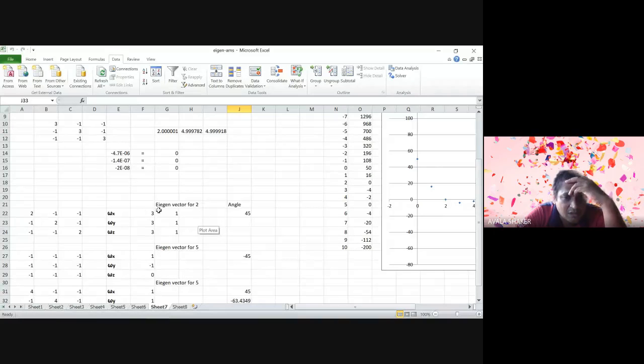For the eigenvalue 2, the eigenvector works out to be 1, 1, 1. So the angle between omega x, omega y is 45 degrees, the same thing if you take omega z. So this is basically at 45 degrees.